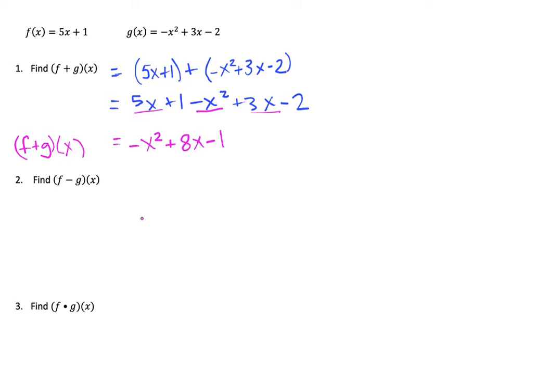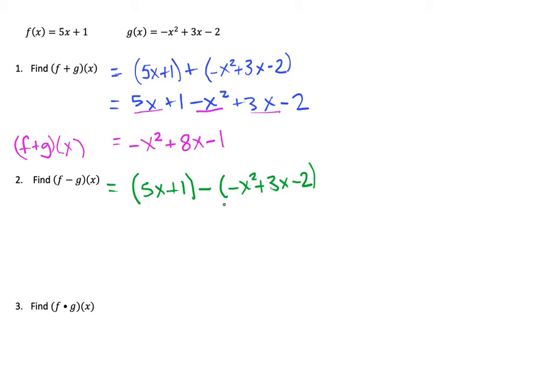Let's do the next one, but with subtracting. I will put the f function first because it's first here, so 5x plus 1. And I'm going to subtract my g function, which is negative x squared plus 3x minus 2.